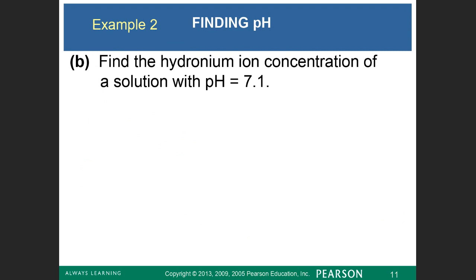Last problem. Find the hydronium ion concentration of a solution with pH equal to 7.1. So we know the formula, and pH is given here. pH is equal to negative log of H3O plus.